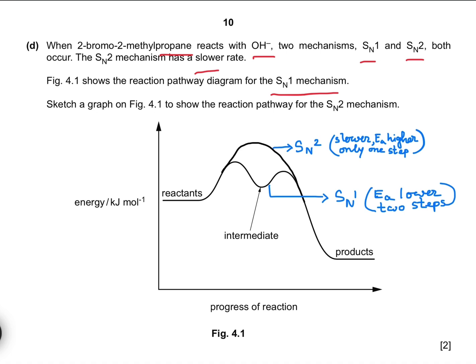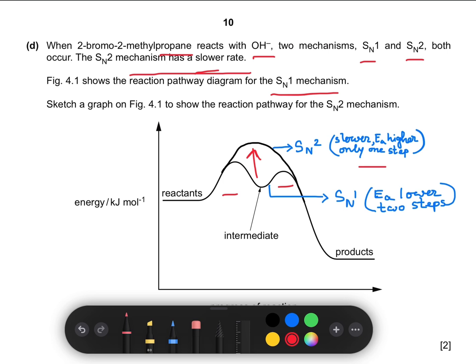So for these two steps we are getting two humps, and for SN2 it's a one step mechanism. As it is mentioned in the question, the SN2 mechanism has a slower rate, so the activation energy will be higher than SN1. That is why we have given higher activation energy here and one slope for the one step reaction.